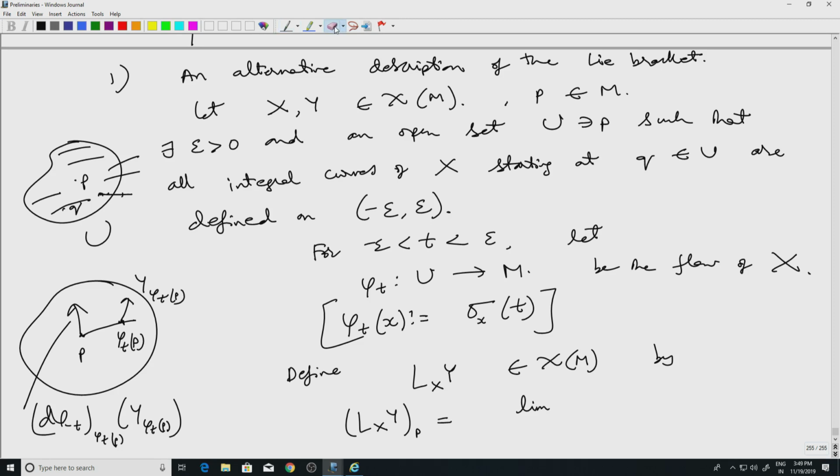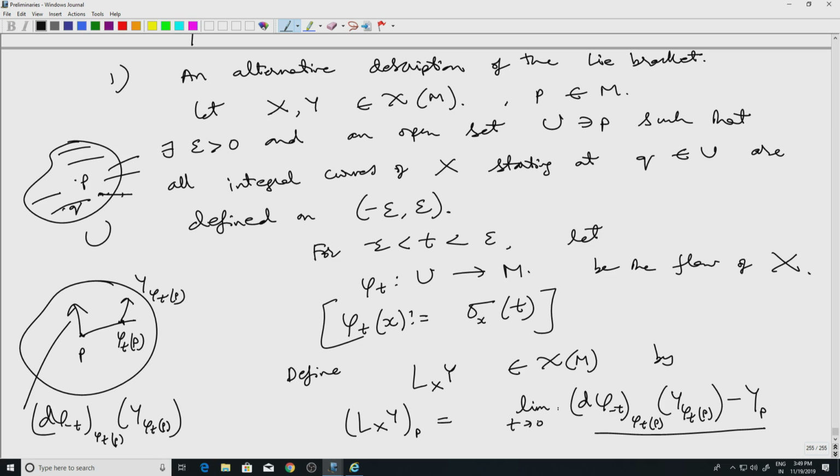Perhaps let me retain the limit. So I'll just take the usual derivative. In other words, I'll take d phi minus t of Y at phi t p, minus Y p, and this Y p corresponds to t being equal to 0. So I'm going to take the limit as t goes to 0.